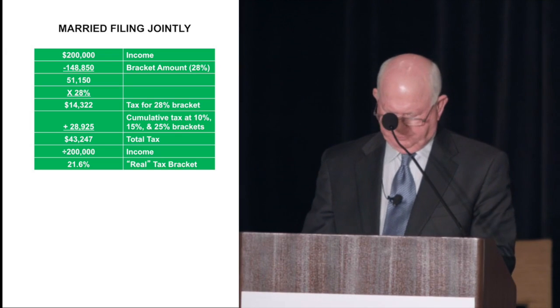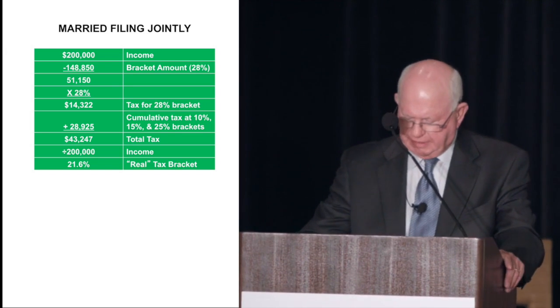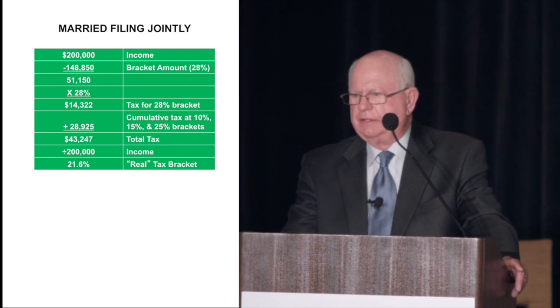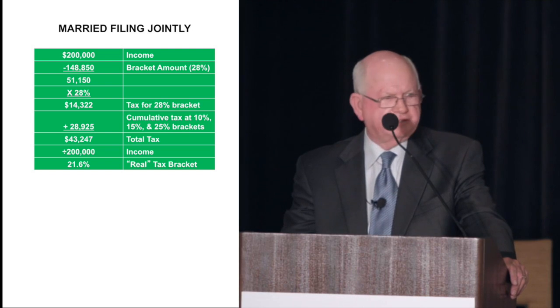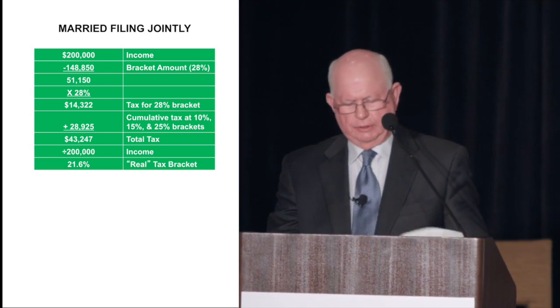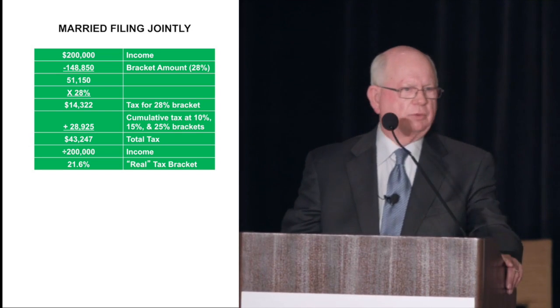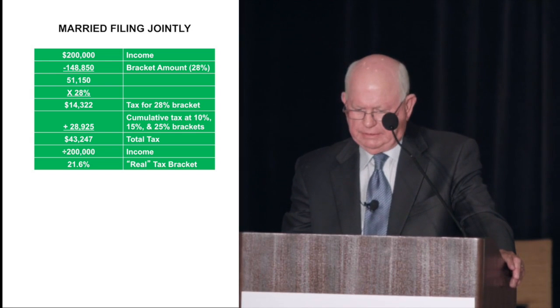And here's an example. We have a taxpayer who is married and filing jointly with $200,000 of taxable income. They are scheduled in a 28% marginal tax bracket. However, as shown below in this example, their actual tax bracket is 21.6%. That's the real tax bracket.